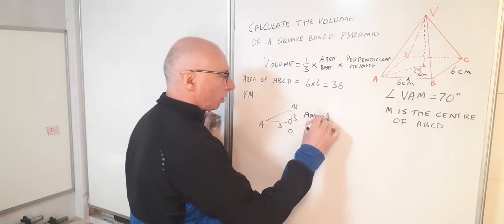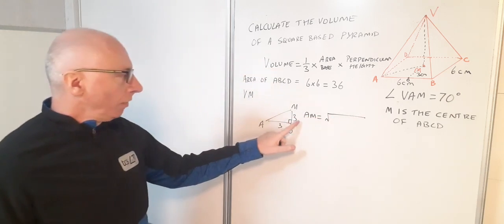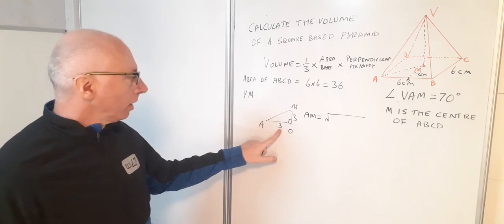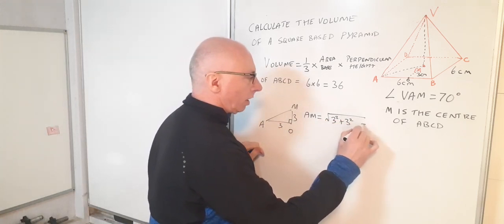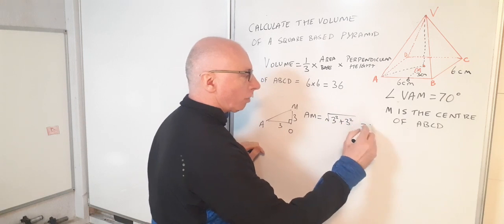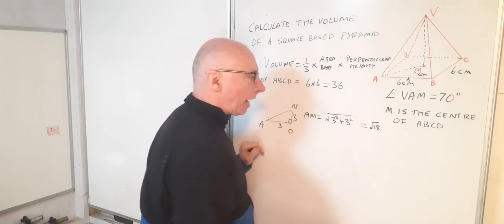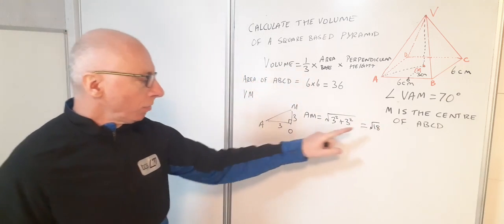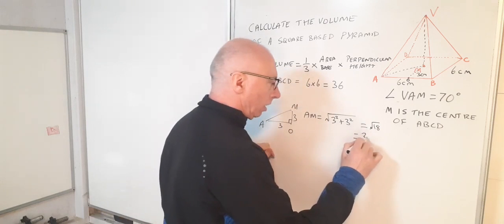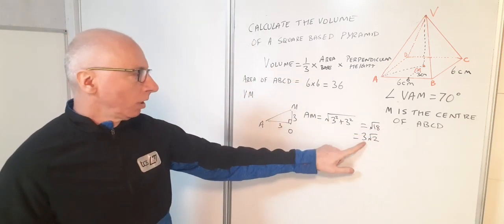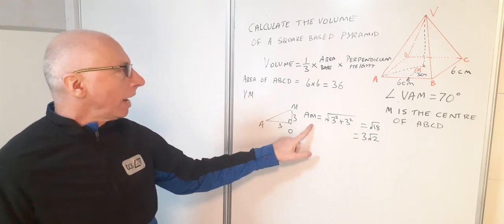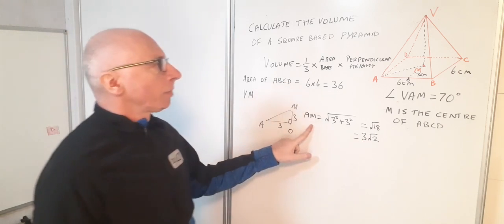AM would be the square root of 3 squared plus 3 squared, which equals the square root of 18. Using our surds, that would be 3 root 2, so square root of 9 times square root of 2. Square root of 9 is 3. So that's AM.